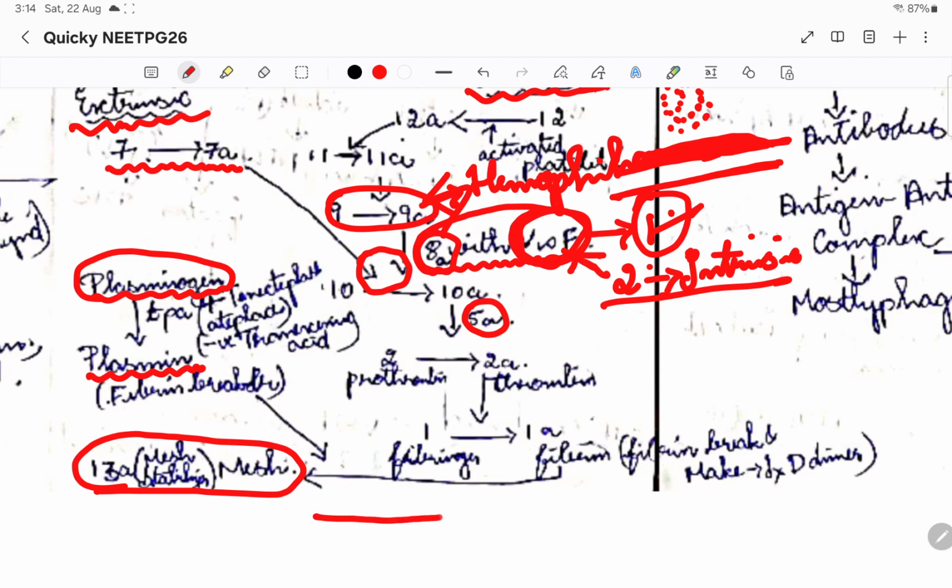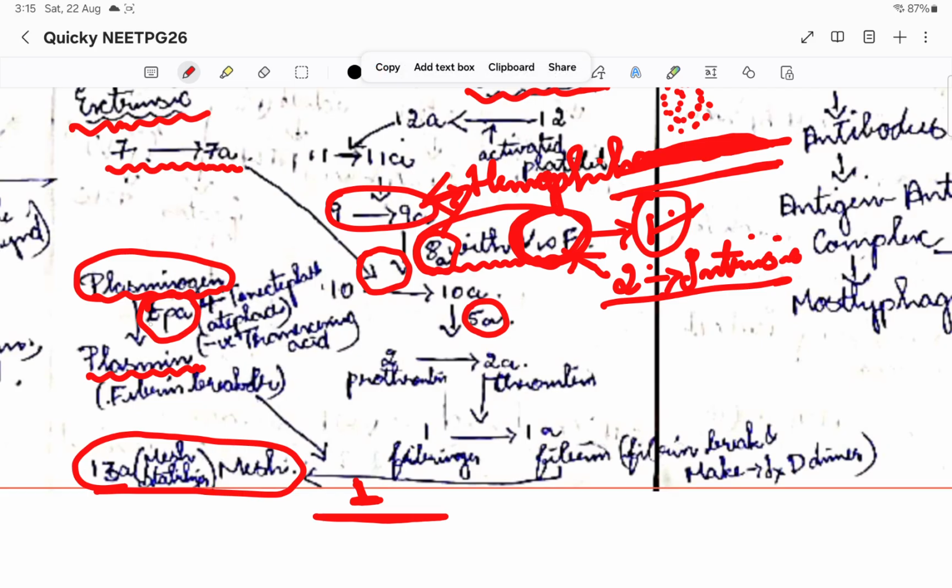Now the plumber has made a seal, and suppose I want to break that seal, so I need a hammer, right? This hammer is plasmin. For plasmin to be there, we require plasminogen. This is where TPA, tissue plasminogen activator, which we use in strokes, in embolectomy and in MI also, activates the plasminogen and breaks this mesh.